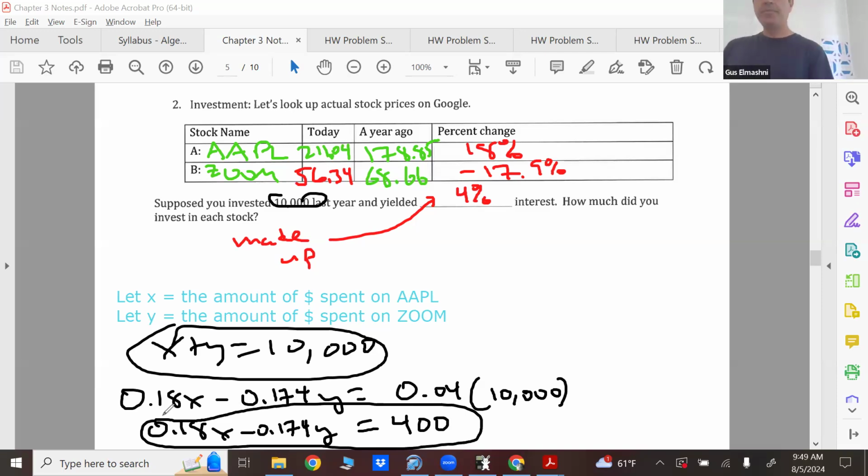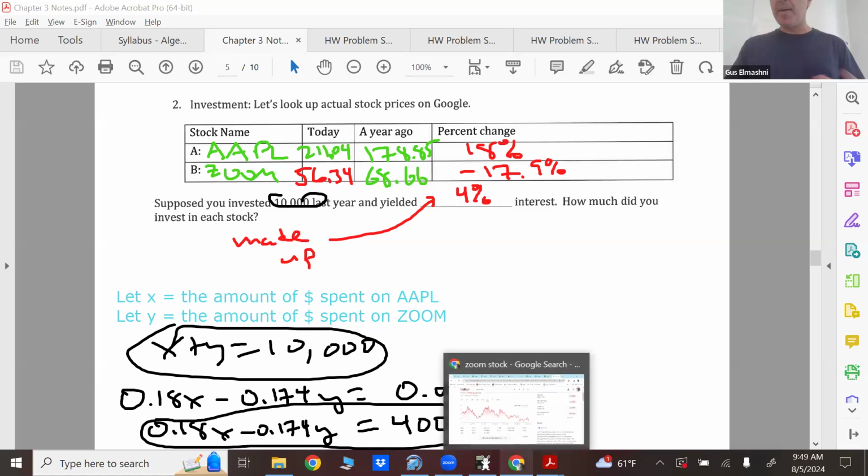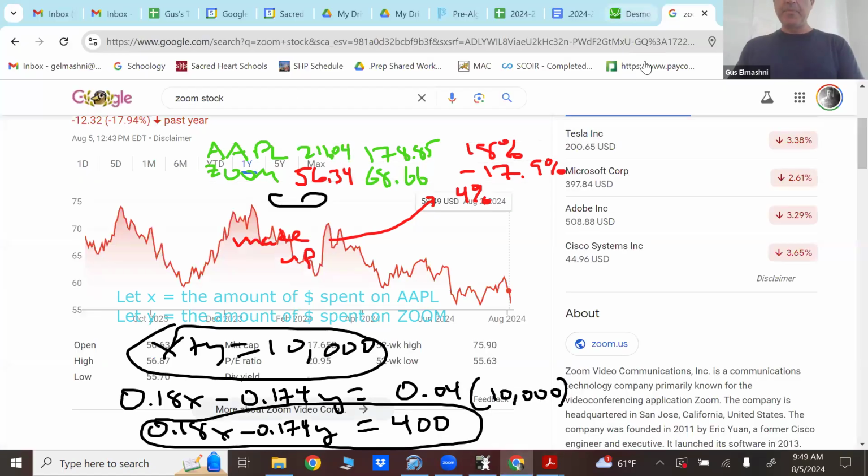Okay, we're good. How do you solve it? You can do substitution, elimination. It's kind of up to you. I'm just gonna go to Desmos and just cheat. So it's the setup step I care more about than anything else.